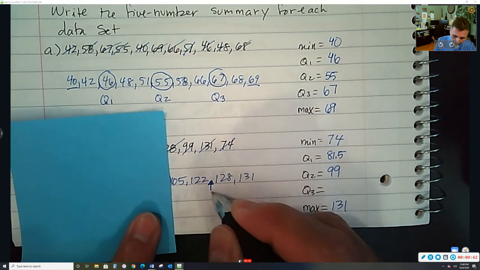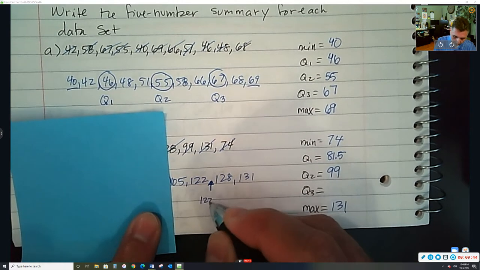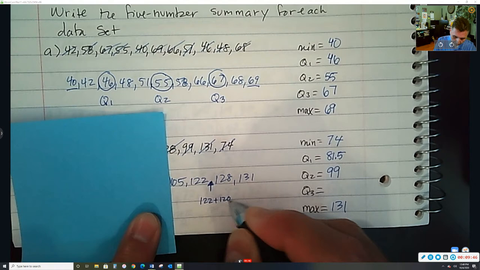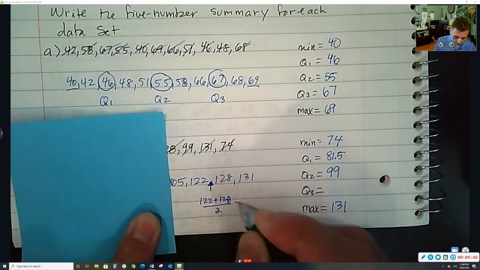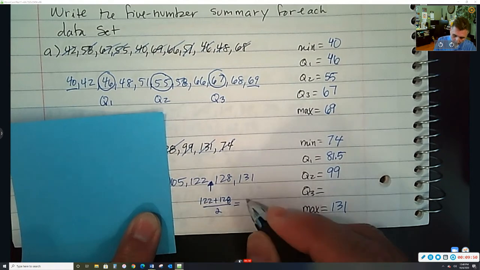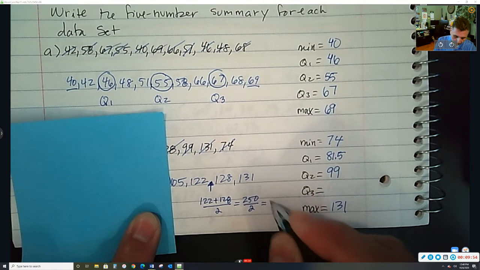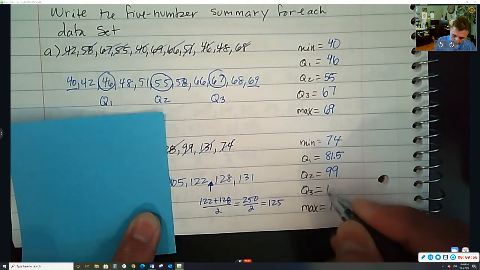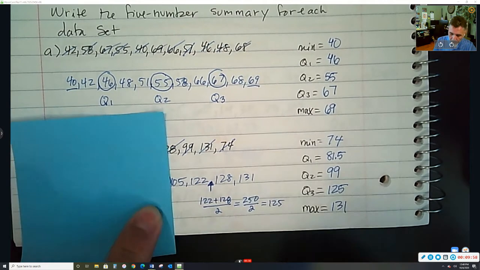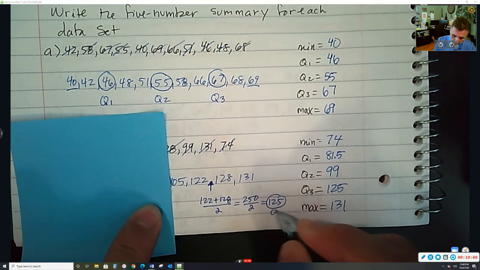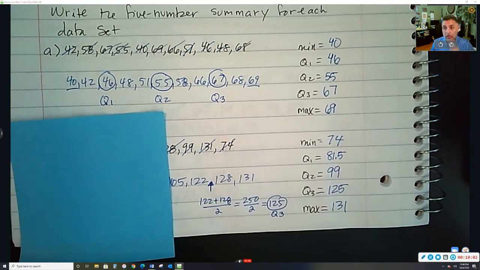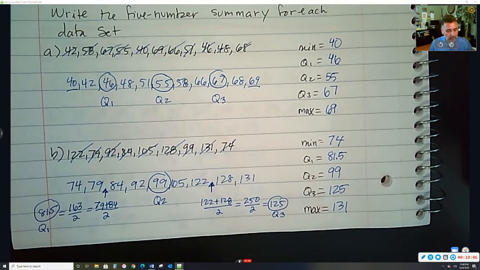So when you add 122 and 128, you get 250. 250 divided by 2 is 125. So this is Q3. Okay, and that again is the 5-number summary of the data.